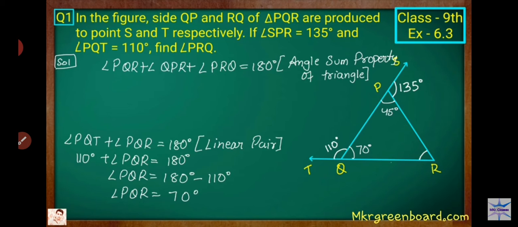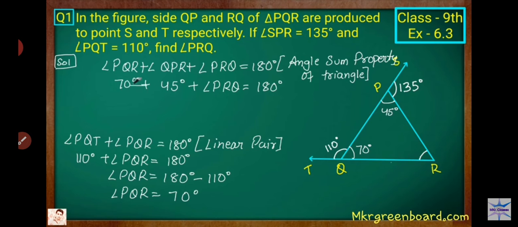Now PQR is equal to 70 degrees and QPR is equal to 45 degrees. Write down the values in this equation, plus angle PRQ, because we have to find PRQ, is equal to 180.